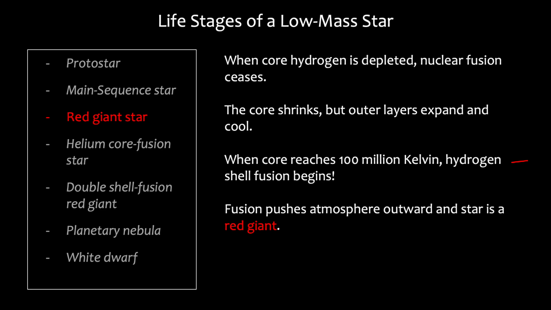There's a technical term for this process called adiabatic expansion, which means that no heat is exchanged, no heat is added to the environment. So energy goes into the mechanical work done against gravity to expand the star, meaning the generated energy is transformed into gravitational potential energy of the expanding star.